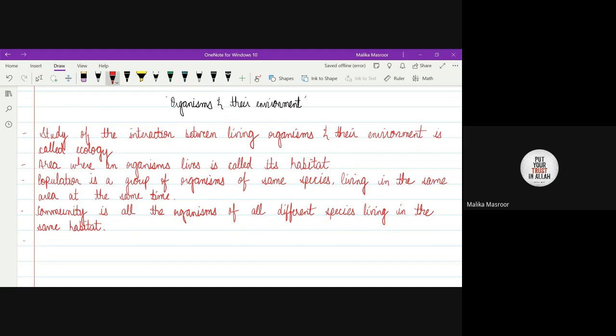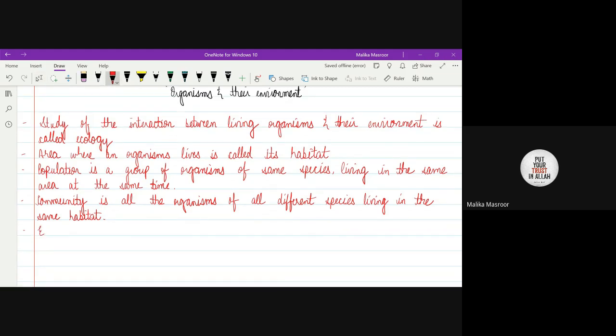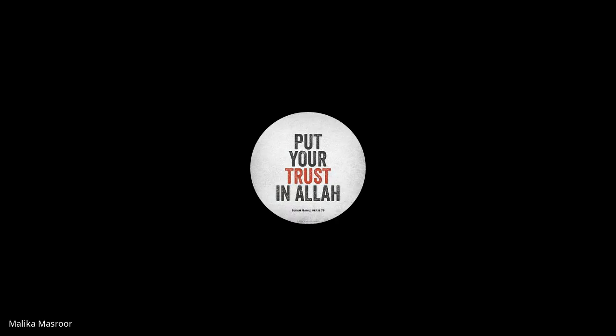Okay, after this you have ecosystem. So ecosystem consists of the interaction between organisms in the community and their environment.